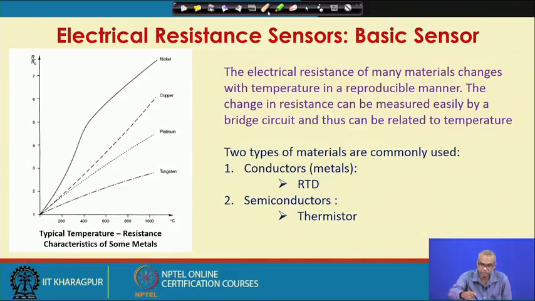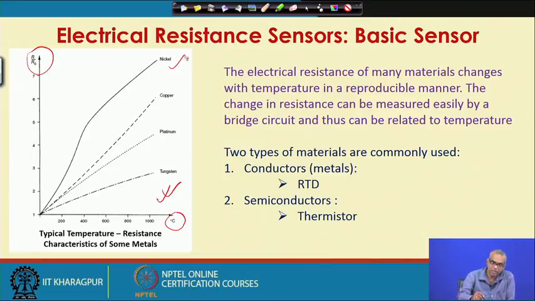On the left, what you see is typical variation of resistance with respect to temperature for certain materials such as nickel, copper, platinum and tungsten. They are all metals and RTDs are made of these metals. So, they are common metals for making RTDs.